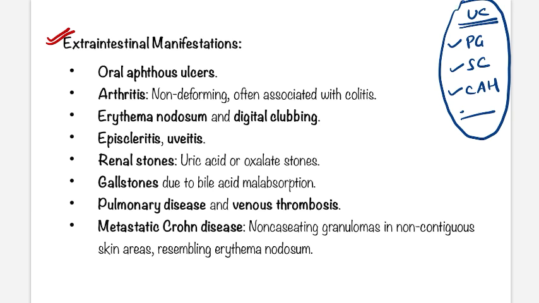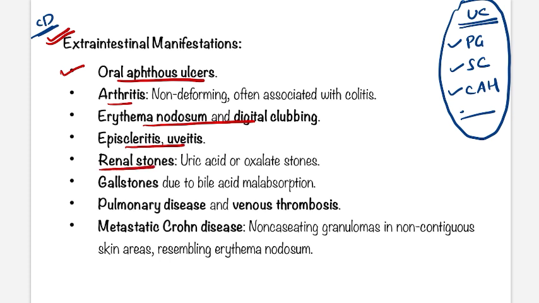In view of the extra-intestinal manifestations of Crohn's disease, because it involves mouth to rectum, oral aphthous ulcers are more common in Crohn's disease. Arthritis is more common. Erythema nodosum and distal clubbing, episcleritis and uveitis.